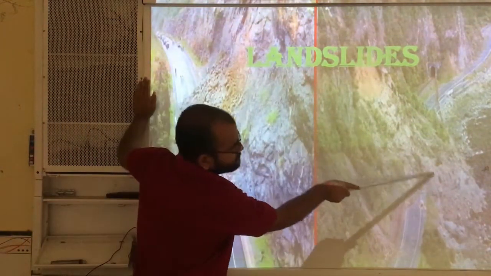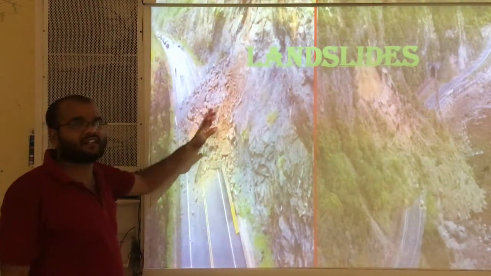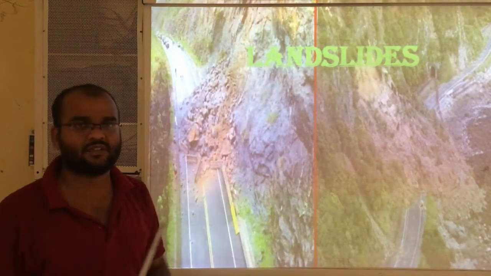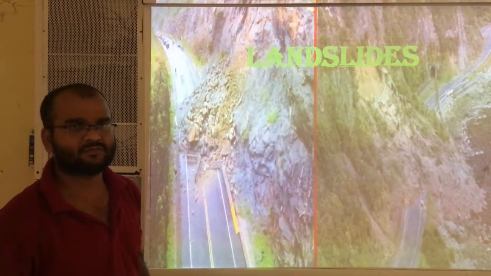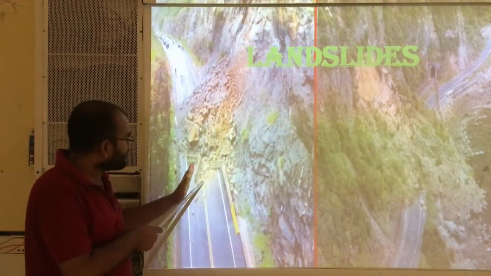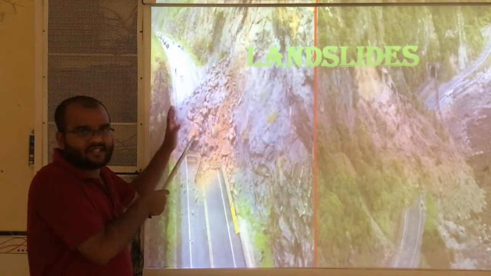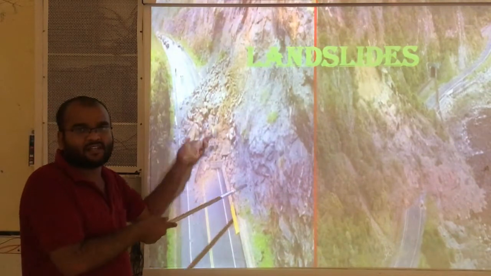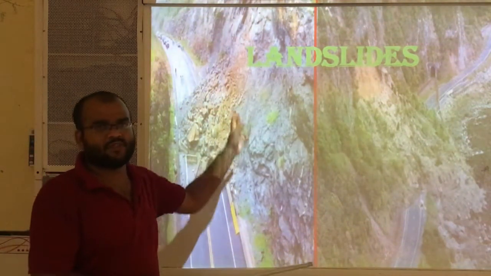Because of these landslides also, so many problems are there. It may cause human loss. Whenever a person is moving along this road, there is a chance for his death also. And some economic loss, the vehicles also get damaged. These are the problems due to landslides.